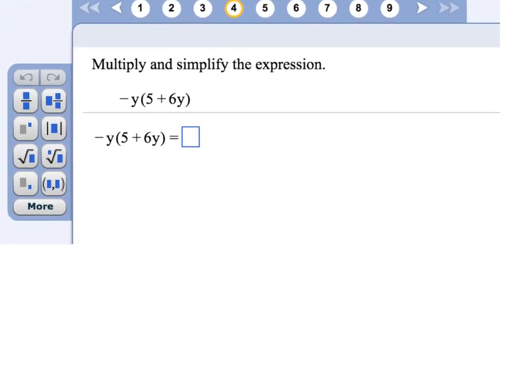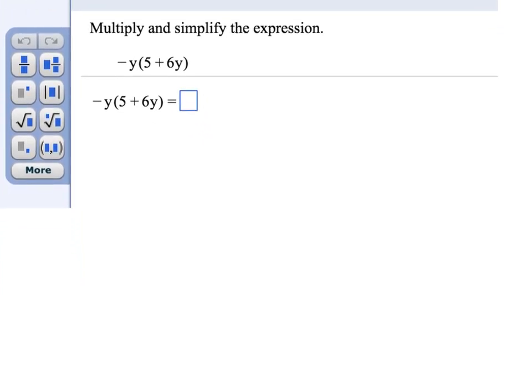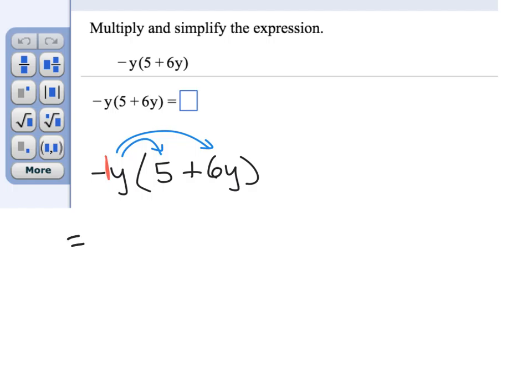All right, so we're just going to keep getting a little bit more sophisticated. So we have negative y multiplied by the quantity 5 plus 6y. And so here is our distributive property, remembering that this is a negative 1. So what do we have here? Well, we have negative 1 times 5, so that's negative 5y.